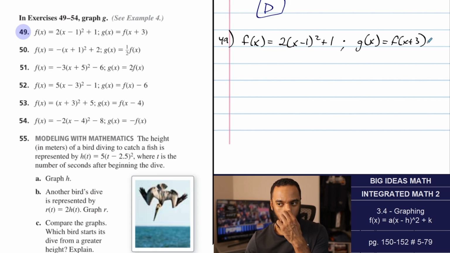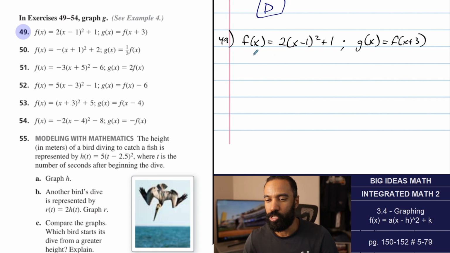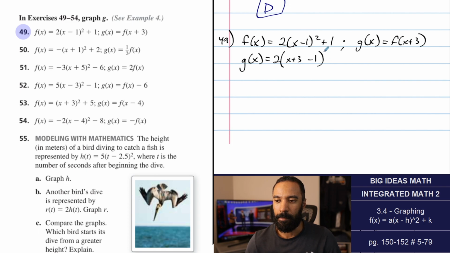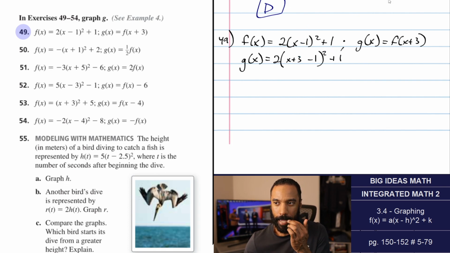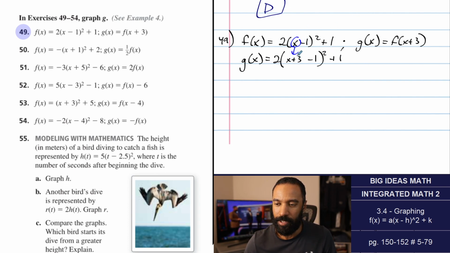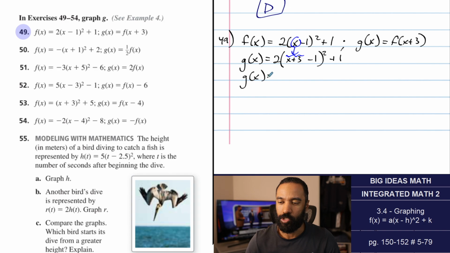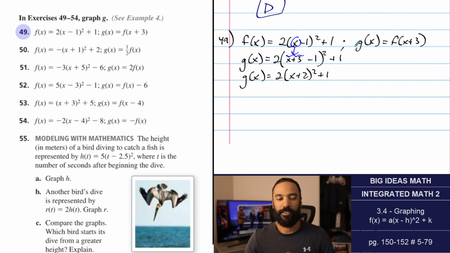So what we're going to do once again is x plus 3 is going to substitute for x into its equation. Instead of x, it'll say x plus 3 and then minus 1, but that's taking x's place. Now let's keep simplifying that for ourselves. g of x will be 2 times x plus 2, quantity squared plus 1. They never asked us to graph f.